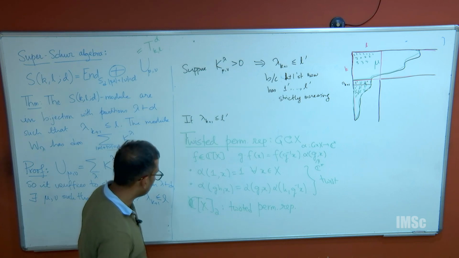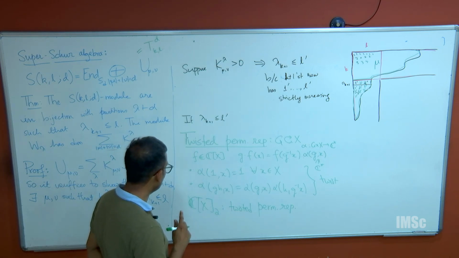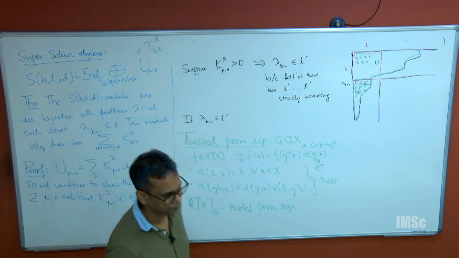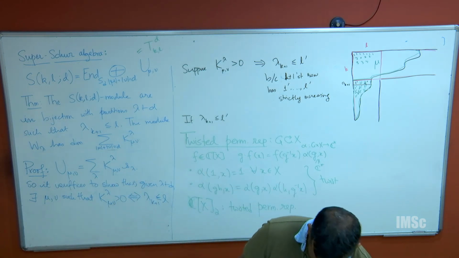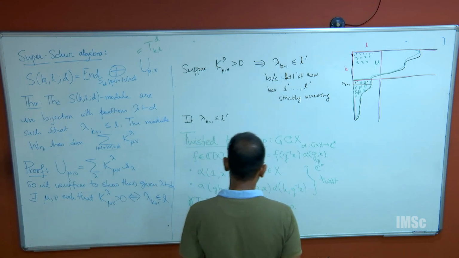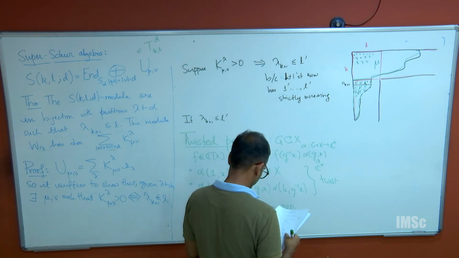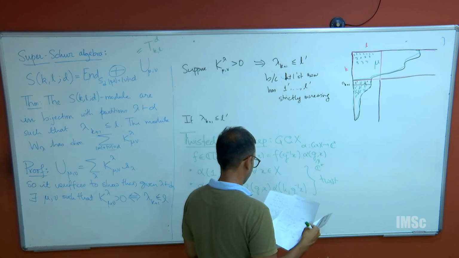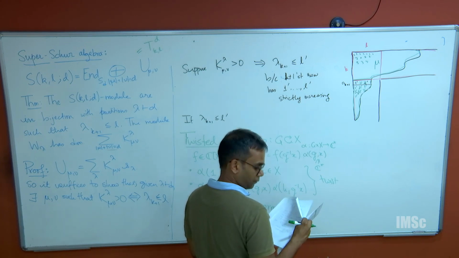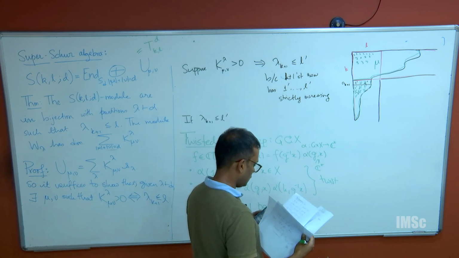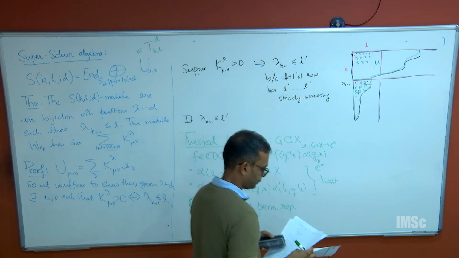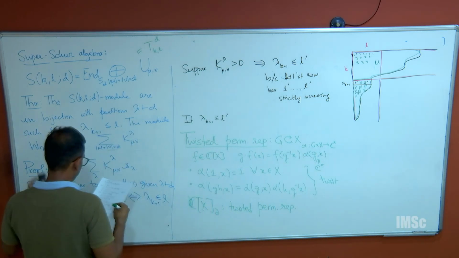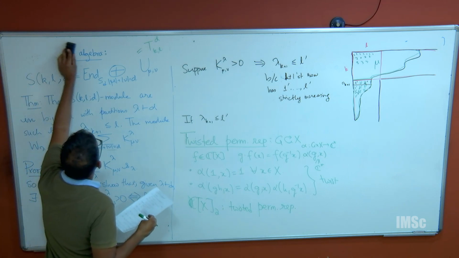And this U mu nu is actually a twisted permutation representation. Yeah, I will tell you. So, let us do an example.